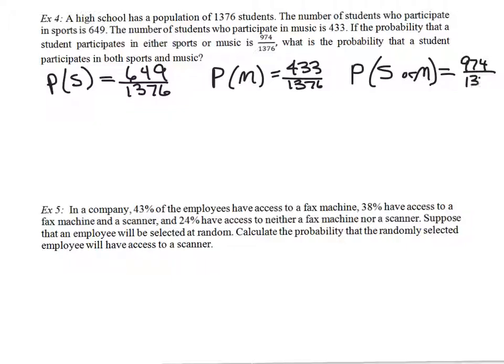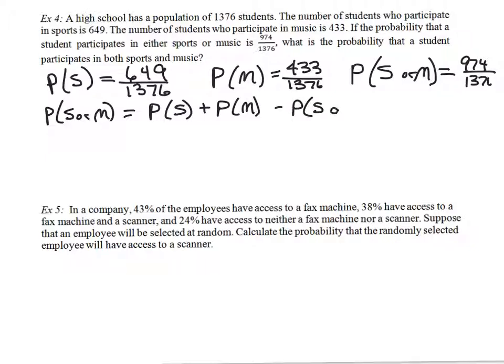So if I set up my equation, the probability of sports or music would be equal to the probability of sports plus the probability of music minus the probability of sports and music. Now in this example, we want to find the probability that a student participates in both.